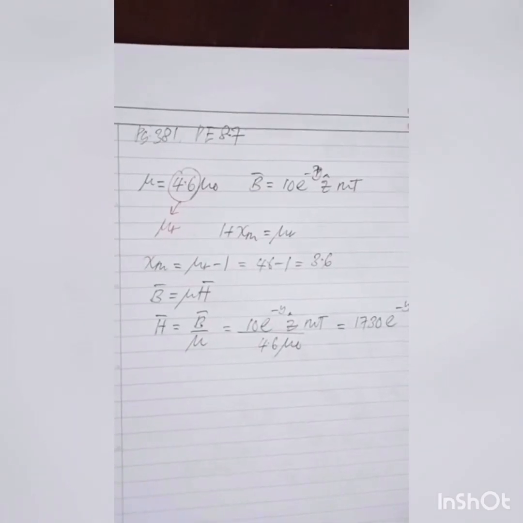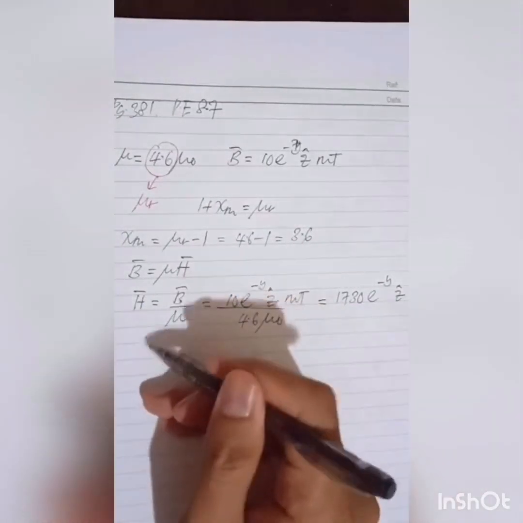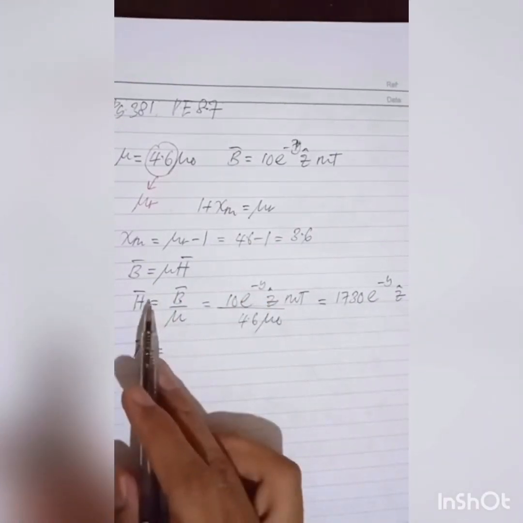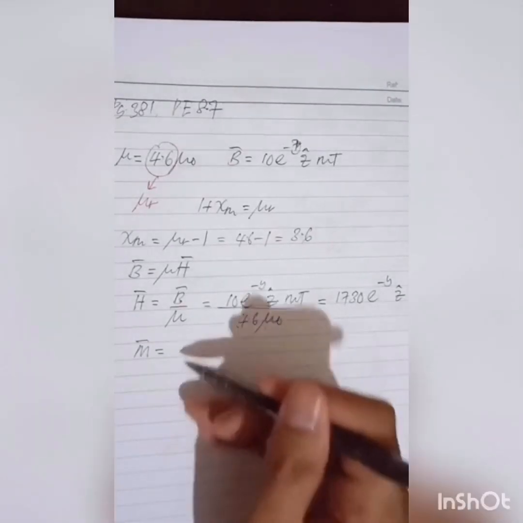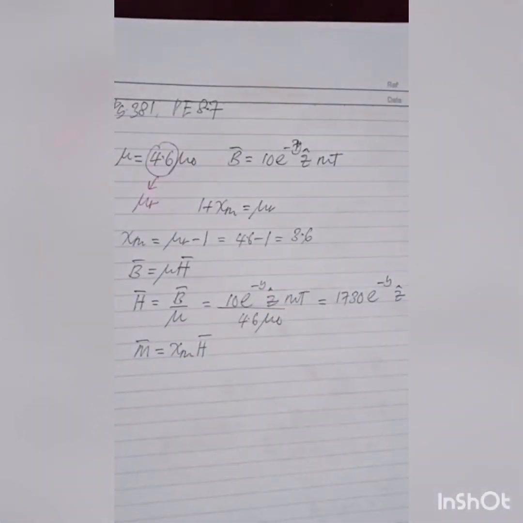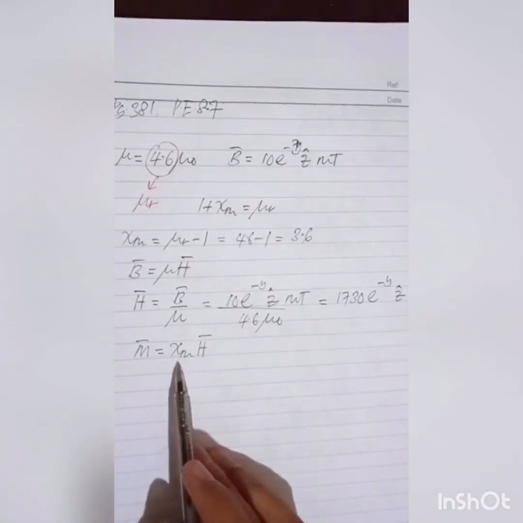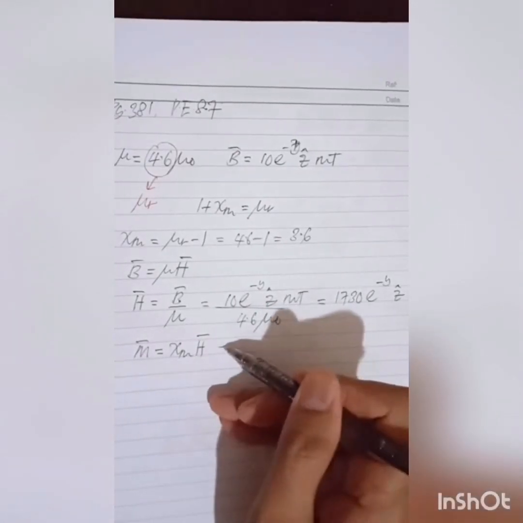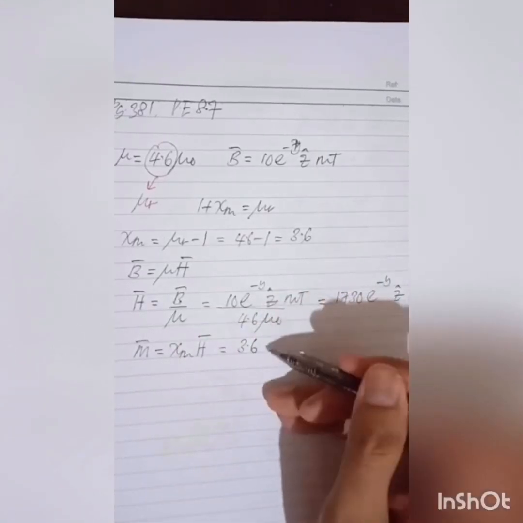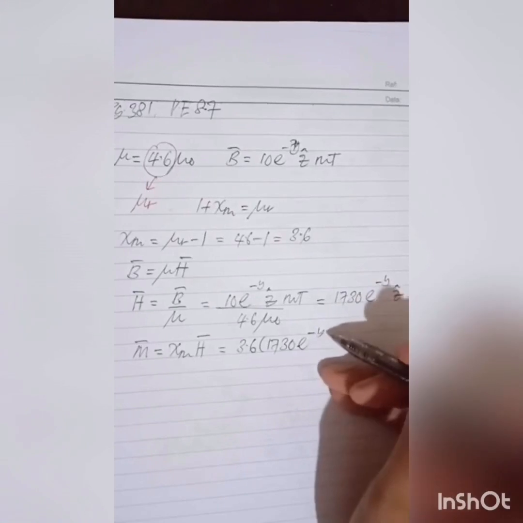Alright guys, so now I want to find the M vector, our magnetization vector. As we discussed earlier, the M can be related to the H field by applying this simple equation. The M is equal to psi m H. Psi m is our magnetic susceptibility as obtained earlier, 3.6. So just multiply 3.6 times the whole term there, 1730 exponential minus y.